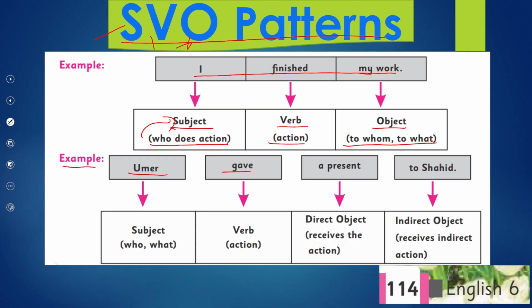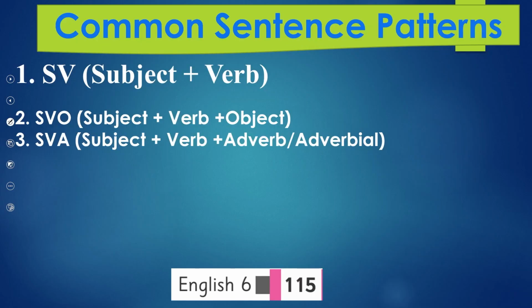Umar gave a present to Shahid. Umar is the subject, gave is the verb, a present is the direct object, and the indirect object is Shahid. So now common sentence patterns. First one is subject verb.